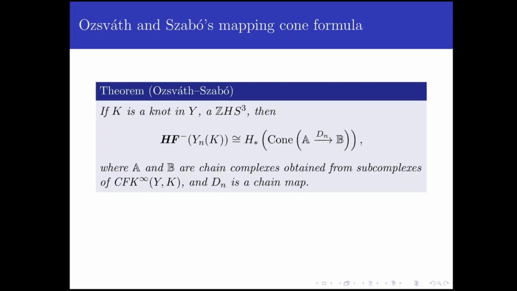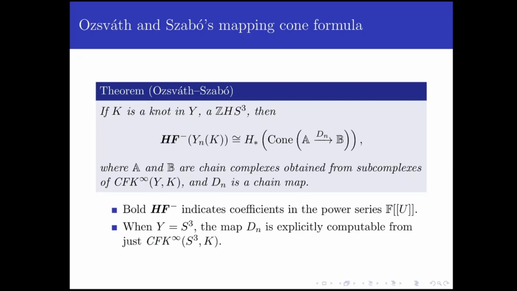additional holomorphic curve counts. Here in the formula, we're working over HF^-, and for the formula to work, we also need to use the power series ring. We need to use coefficients in the power series ring obtained by completing over the variable U. And as I mentioned, when Y is S^3, this map D_n is completely computable just from the homotopy type of this complex CFK^∞.